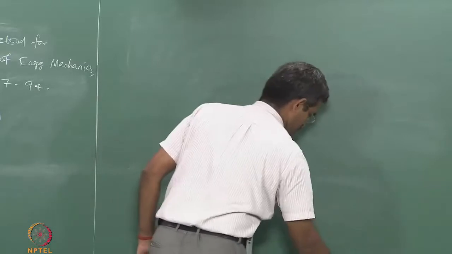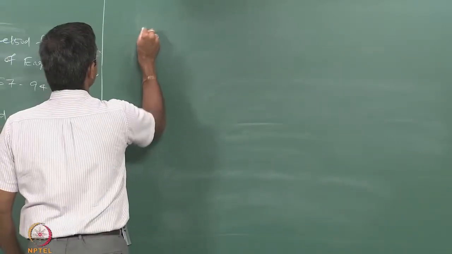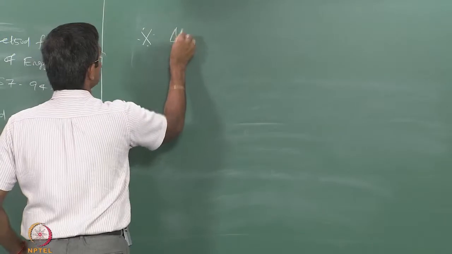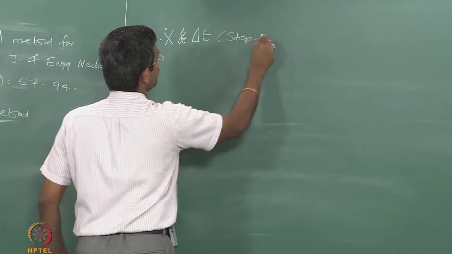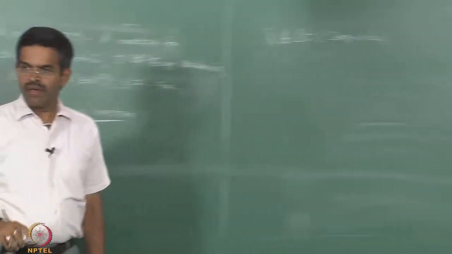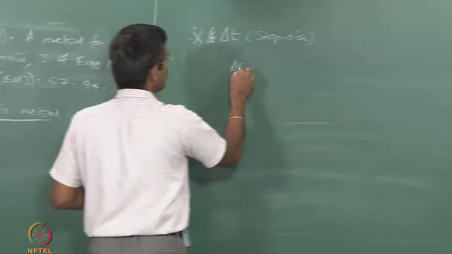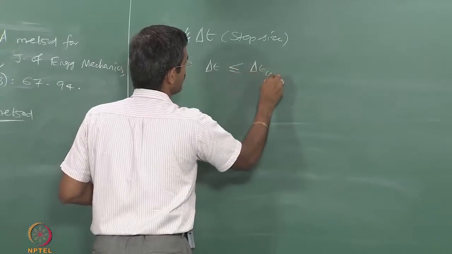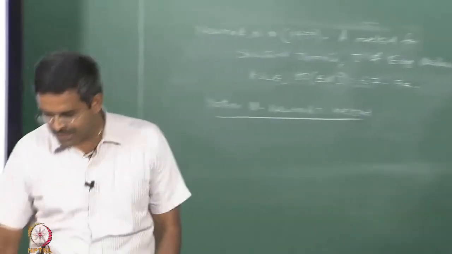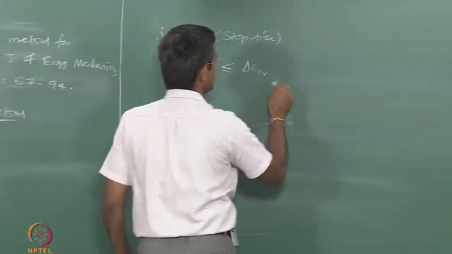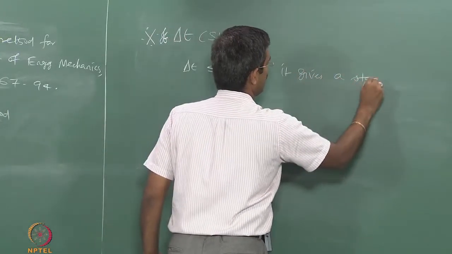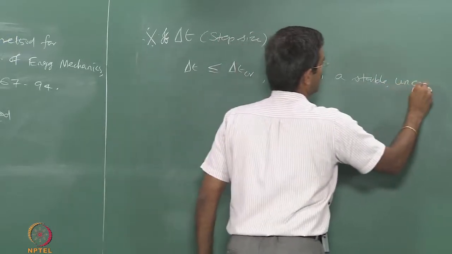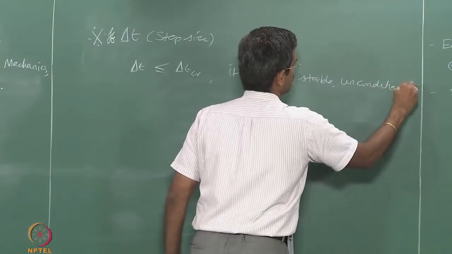if your delta t, the most vital part of this scheme, the step size delta t, is lying in the range of delta T critical or less than or equal to this, then it gives you a stable, unconditionally converging solution.